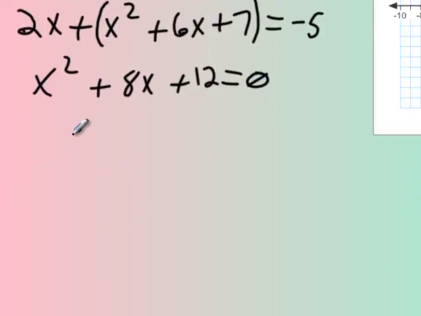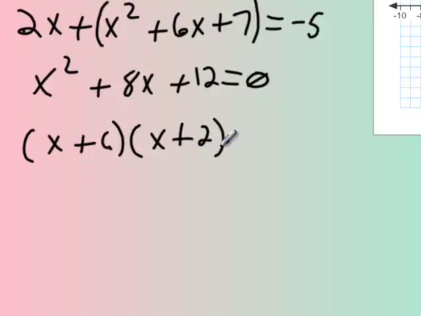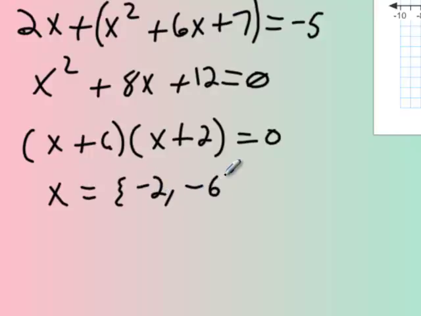And then this factors to (x plus 6) times (x plus 2) equals 0. And therefore my x values, using the zero product property, are going to be -6 and -2 respectively.